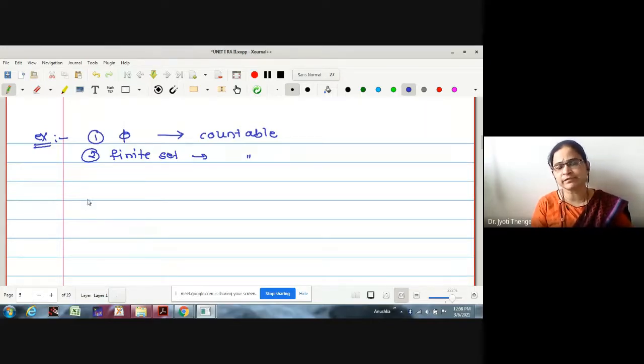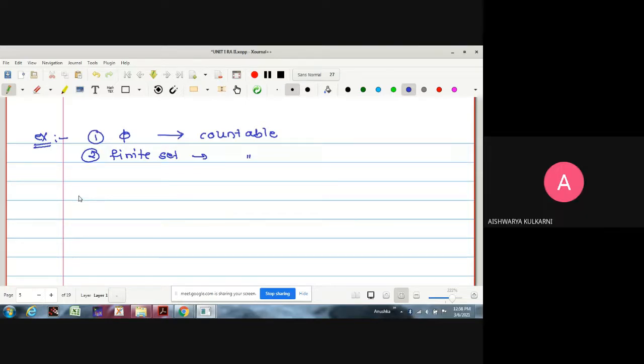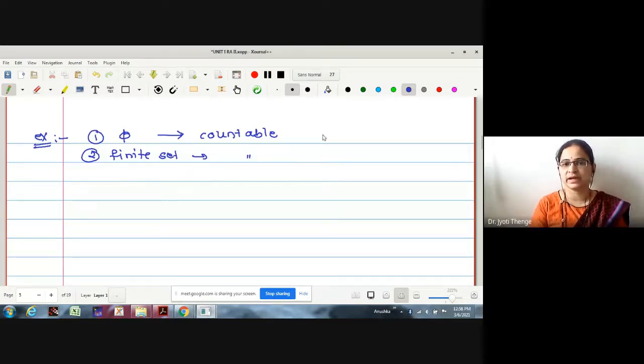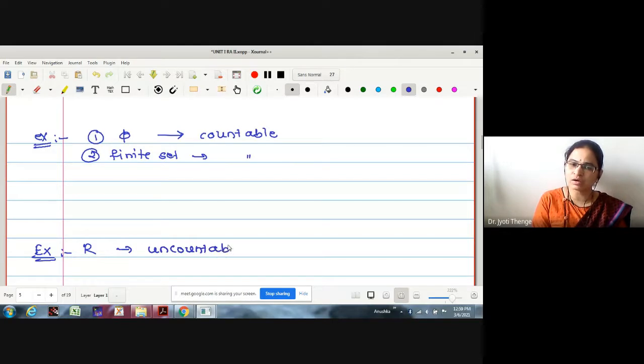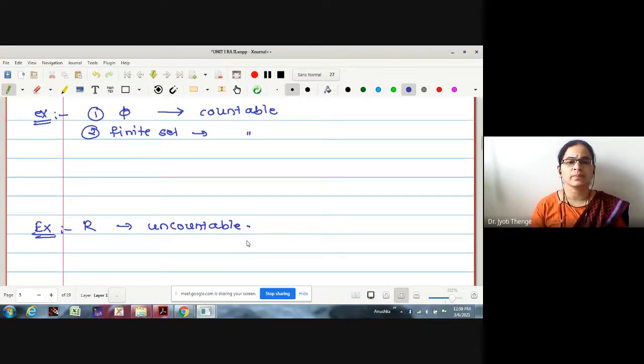What about the set of real numbers? Uncountable. Let me write the examples here. This is uncountable. Not countable or uncountable, one can write anything. Okay? Other examples?